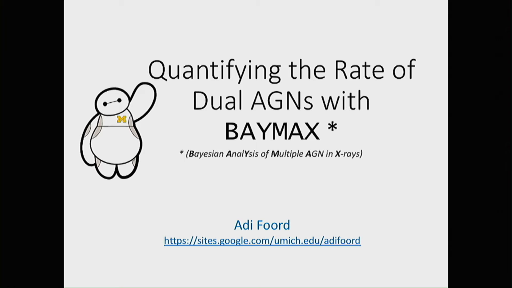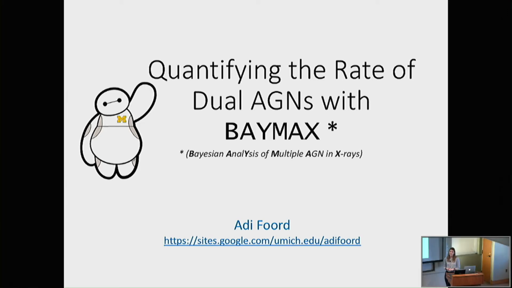Great, thank you. Can everyone hear me okay? Okay, great. So as Francesca noted, my name is Foord. I'm in my final year at the University of Michigan as a graduate student, and today I'm going to be talking about my efforts to quantify the rate of dual AGN using Baymax. Baymax stands for Bayesian Analysis of Multiple AGN and X-rays, and it's a tool that I've developed as part of my thesis.